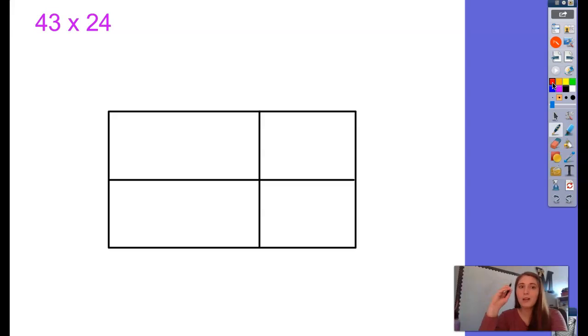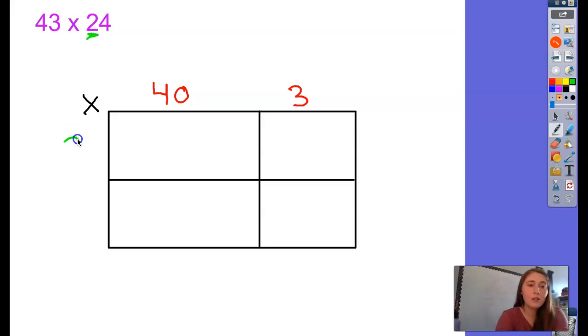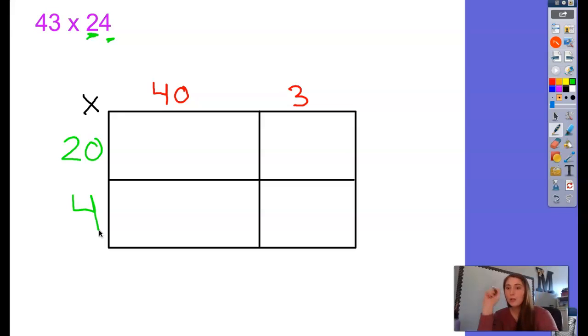So 43 has 4 tens, which is 40, and 3 ones, which is 3. I'll put my multiplication sign here so I remember what I'm doing. And now I need to break up my 24. So 24 has 2 tens, so that's 20, and 4 ones, which is 4. So you should have your area model set up like mine.